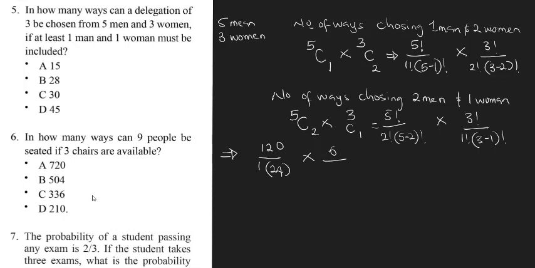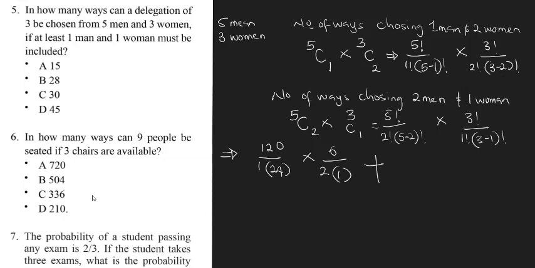Over, what is 2 factorial? That's 2 times 1 is 2, into 3 minus 2 is 1, and 1 factorial is the same thing as 1. So we are done with this now. Remember, we are going to add them together with this. So let's put a big plus here.